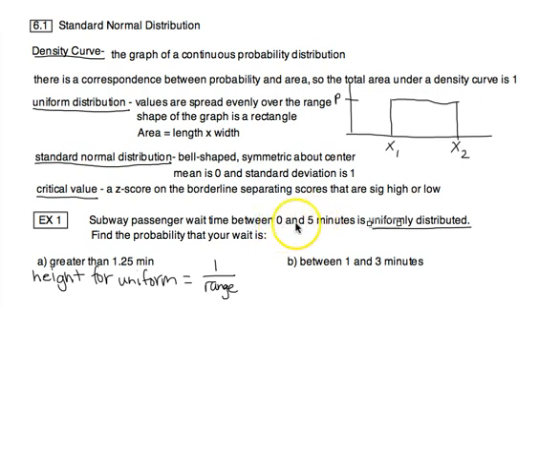So from 0 to 5, that range is 5, and every single minute has to have that same probability, which means 1 out of 5 probability that you wait 1 minute, 1 out of 5 probability that you wait 2 minutes, so on and so forth. So when we draw the picture here, our height is going to be 1 divided by 5, which is also 0.2.